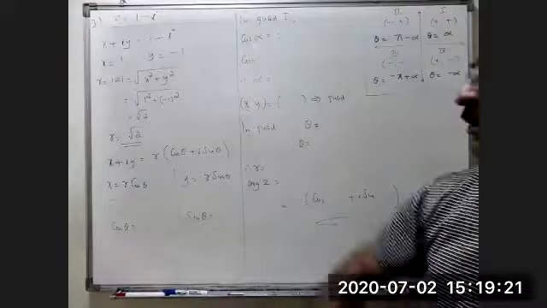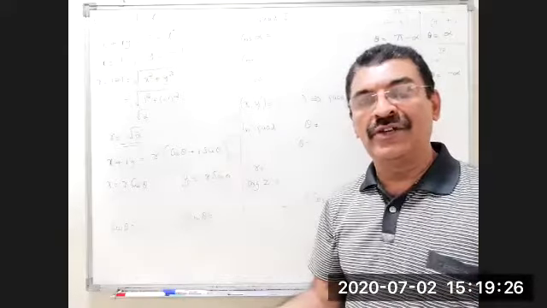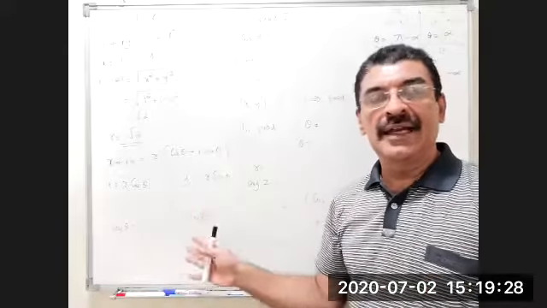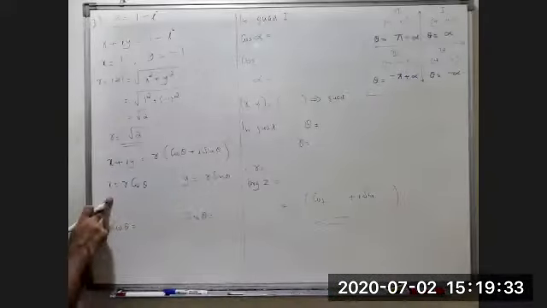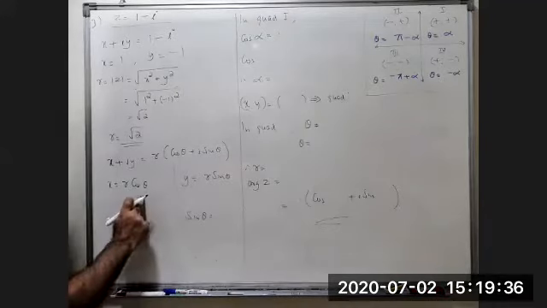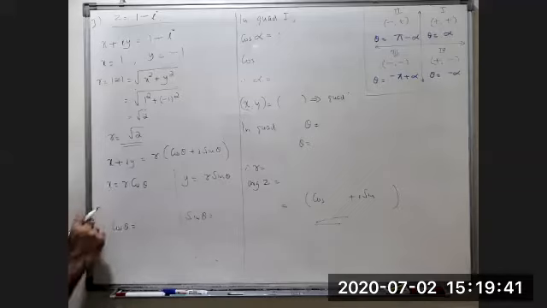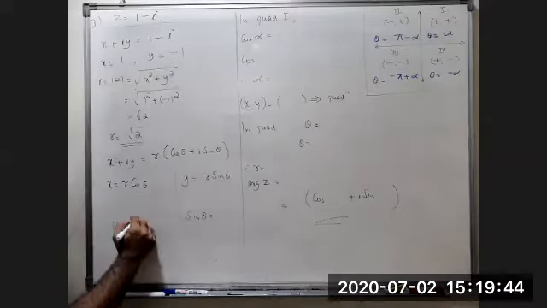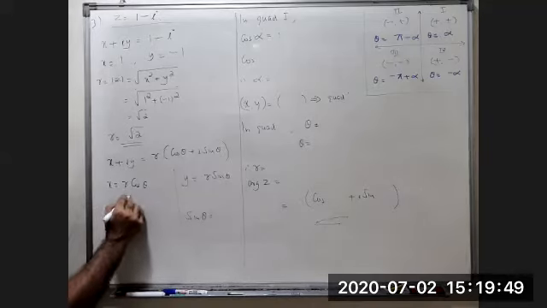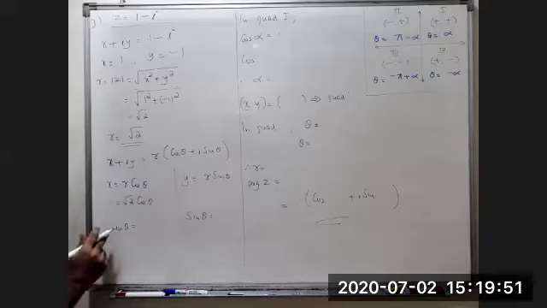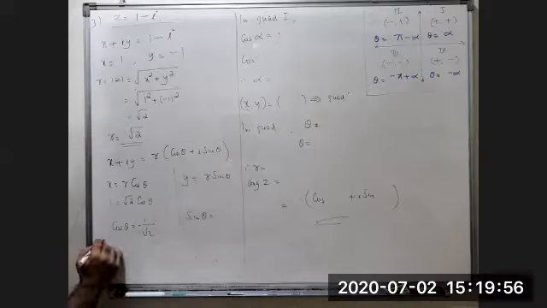Now we can find cos theta and sin theta. Even directly, cos theta is x by r, sin theta is y by r. Directly we can write cos theta is equal to x by r. Or if you are putting the value, what is the x value? x is 1, r is root 2, so cos theta is 1 by root 2.